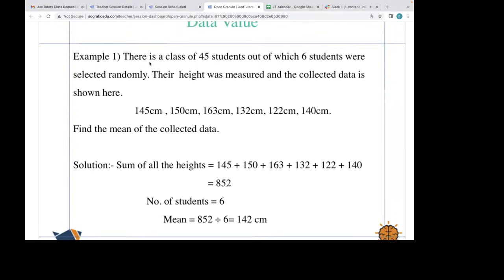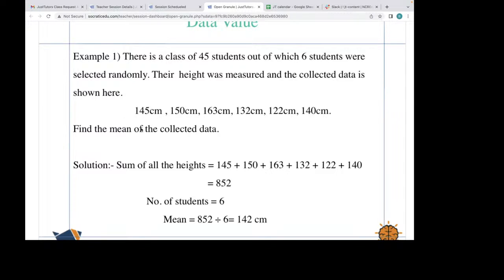There is a class of 45 students, out of which 6 students were selected randomly. Their height was measured and the collected data is shown here. So एक क्लास में कितने स्टूडेंट्स हैं, 45 स्टूडेंट्स हैं, और उनमें से 6 स्टूडेंट्स को रेंडमली सेलेक्ट किया गया और उनकी हाइट का मेजरमेंट लिया गया.